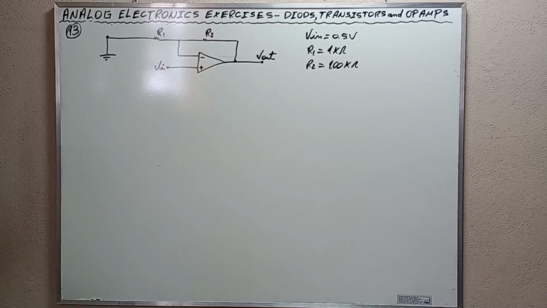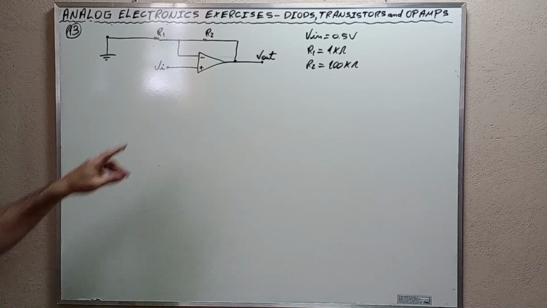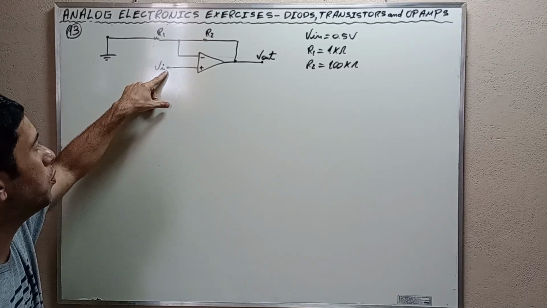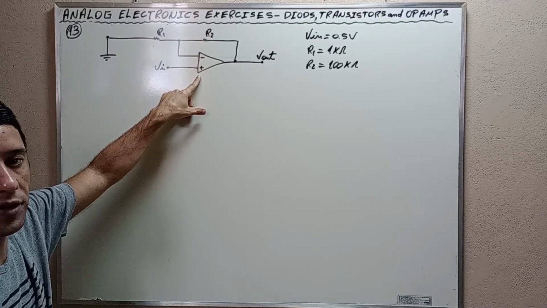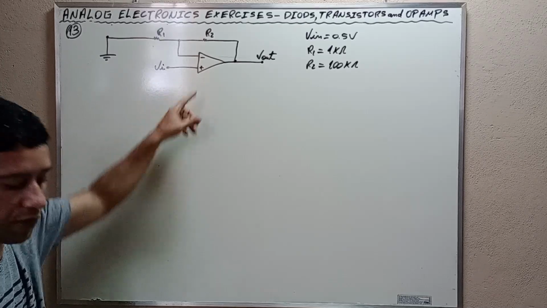As the input signal is being applied to the positive terminal of the operational amplifier, the transfer function is, observe that the input signal is applied to the positive terminal of the operational amplifier.